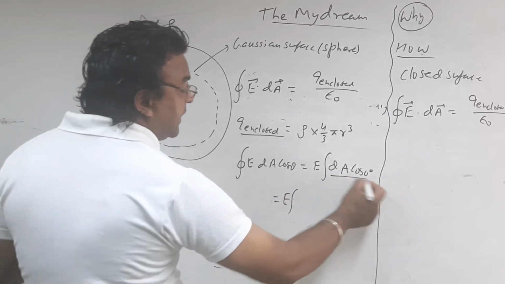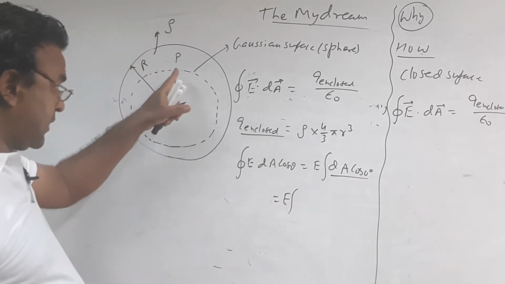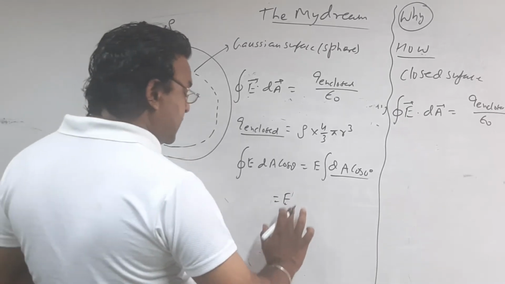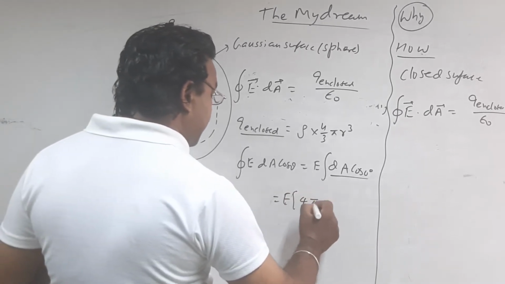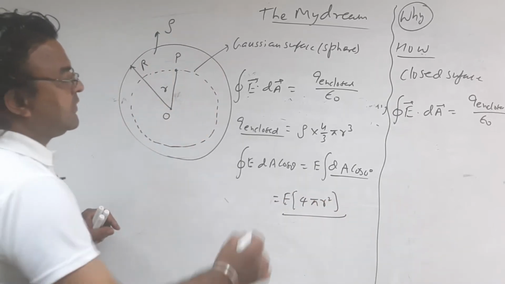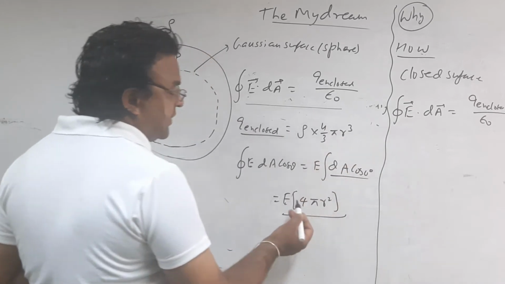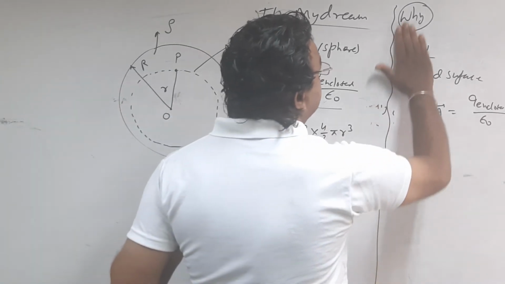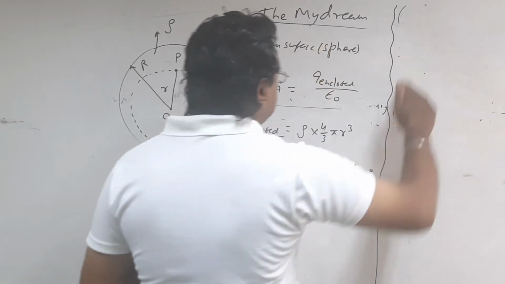Now inside there is only dA. Now the surface area of this Gaussian surface is what? 4 pi r square. Now for this equation I have LHS and I have RHS also. Both I have calculated.